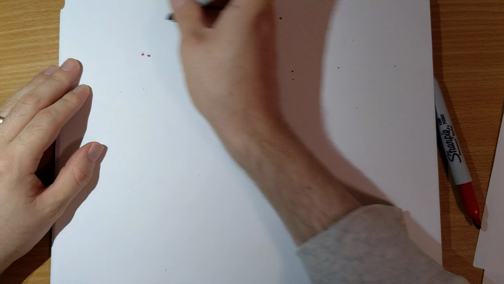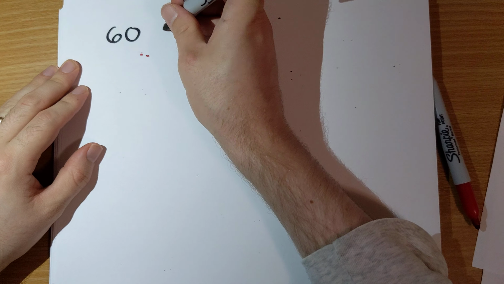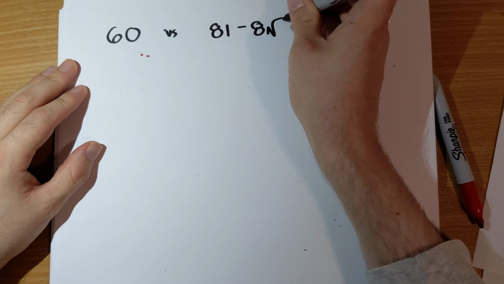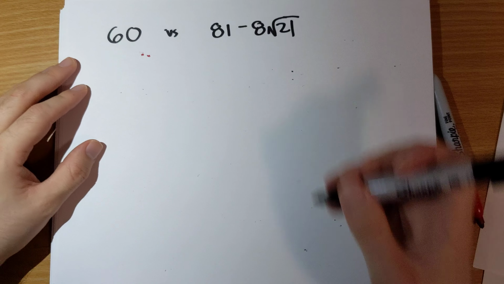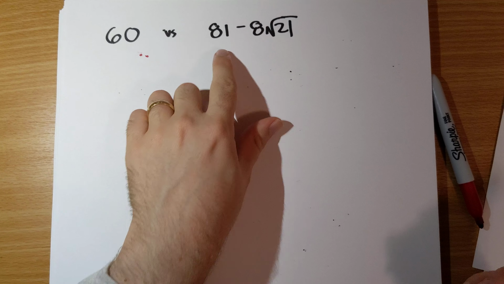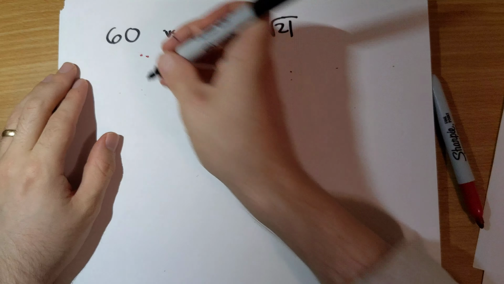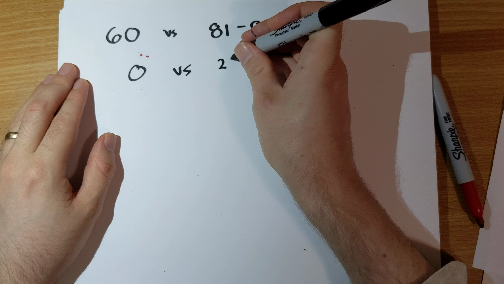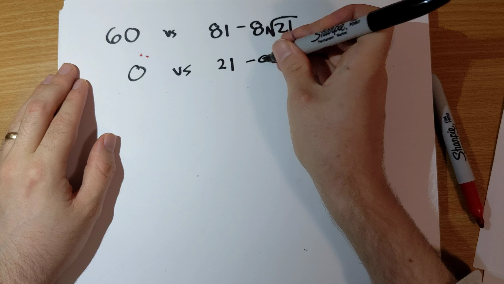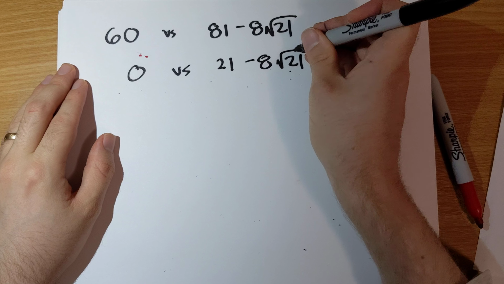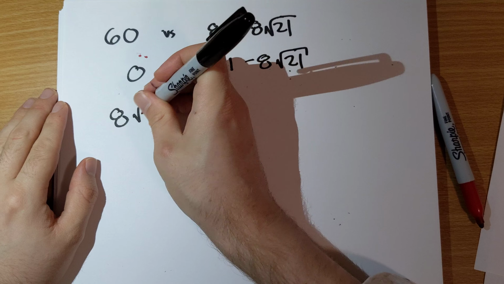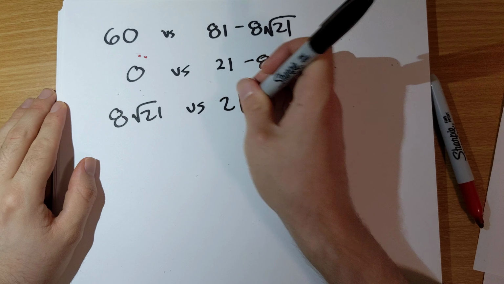So we want to compare 60 versus 81 minus 8 times the square root of 21. Subtract 21 from both sides, subtract 60 from both sides: 0 versus 21 minus 8 times the square root of 21. So 8 square root 21 versus 21.